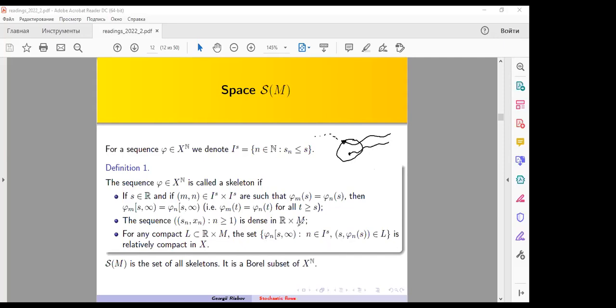This set must be relatively compact in X. By S of M, I denote the set of all skeletons, and it is a Borel subset of the space of sequences in X.